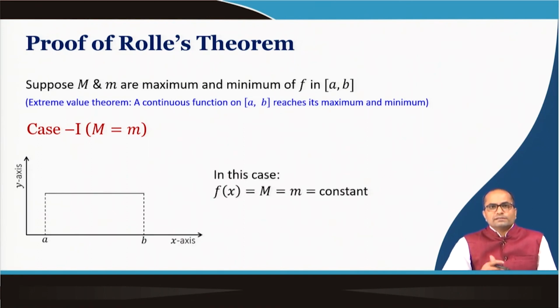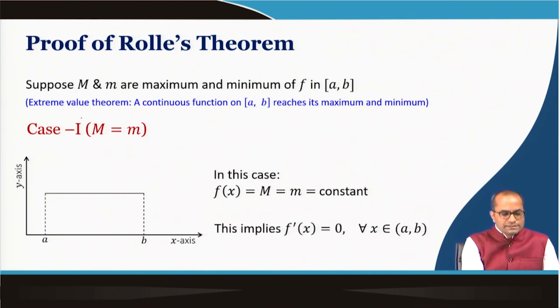For the constant function, at each and every point in the domain a b, you can take any point, the tangent at that point will be parallel to the x axis, or for a constant function the derivative is 0 everywhere. So, here you have infinitely many points where the conclusion of the Rolle's theorem holds.